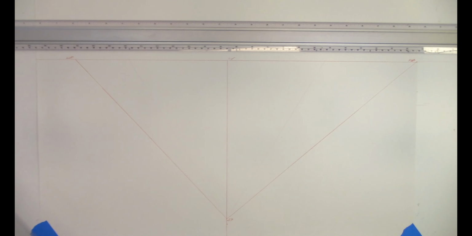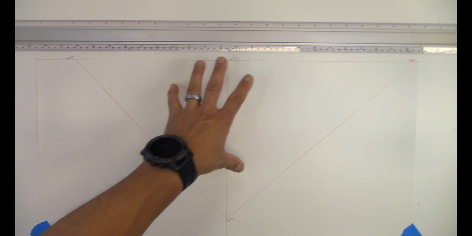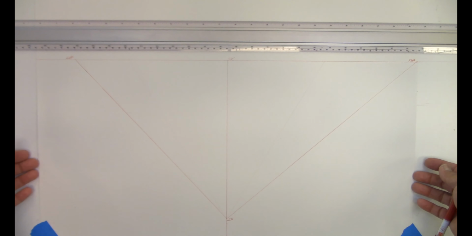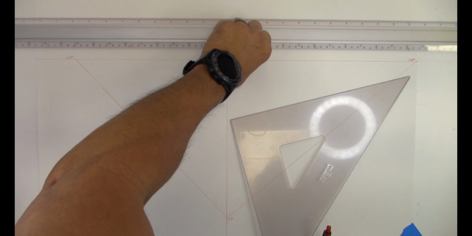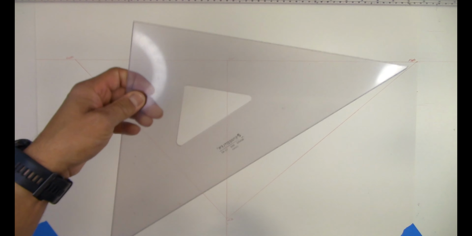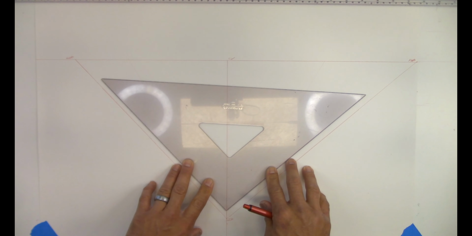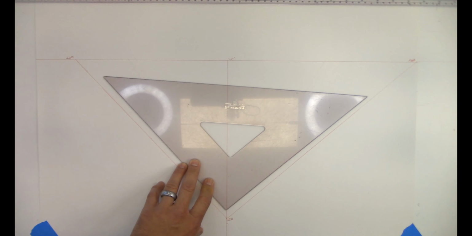This is a very conservative, structured approach in two-point perspective because everything remains within this sheet of paper. So again, fairly conservative. Now, let's figure out where our diagonal vanishing point is. Let's at least do that. So we have our really big 10-inch triangle.